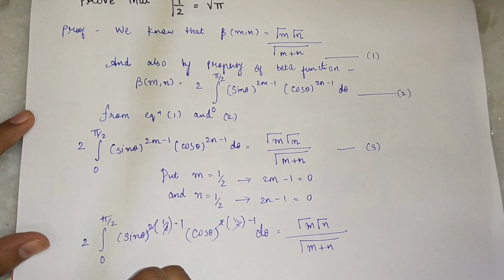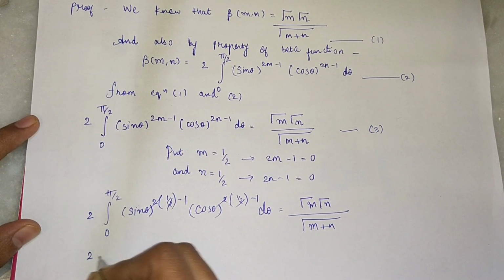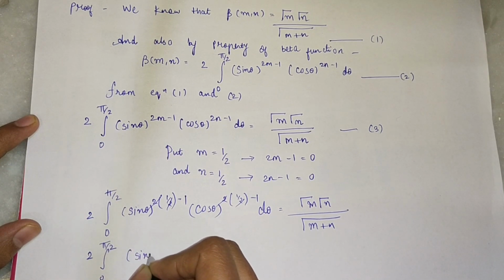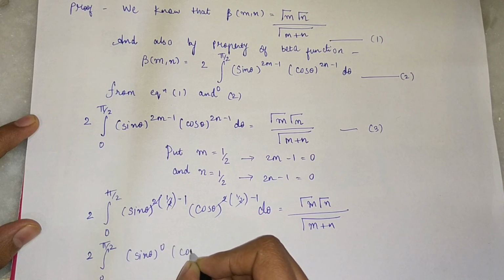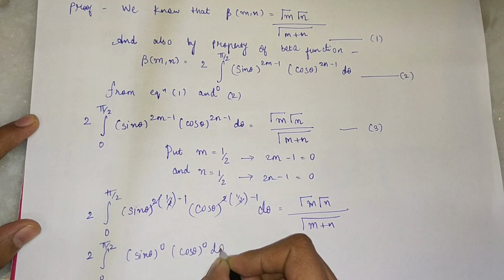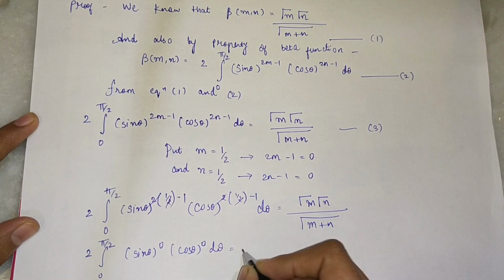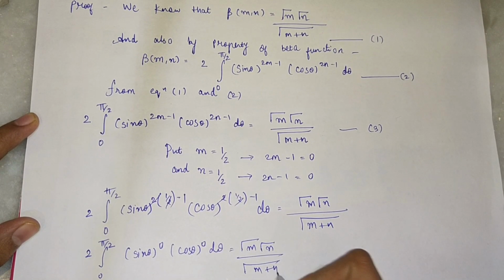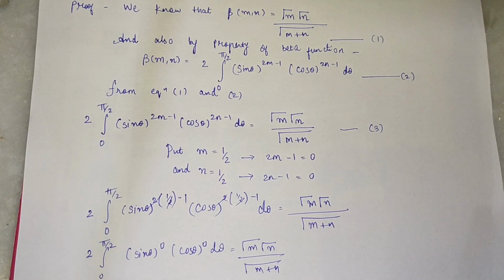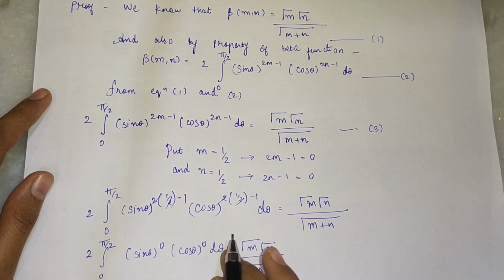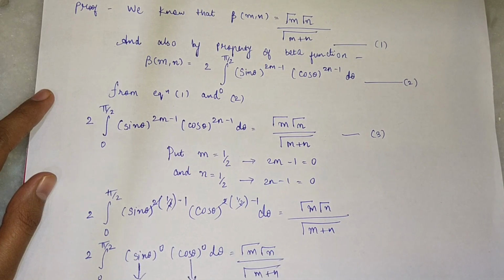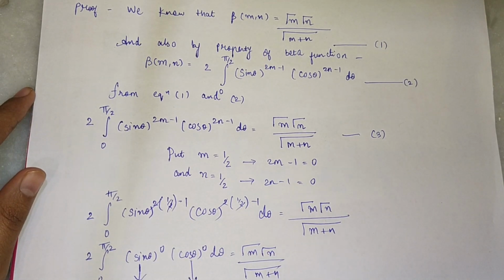So we can write it as 2 integral 0 to pi by 2 sine theta raised to 0, cos theta raised to 0 d theta, that is equivalent to gamma m gamma n divided by gamma m plus n. Okay, now anything raised to 0 is 1. So here we will get 1, and here also we will get 1.